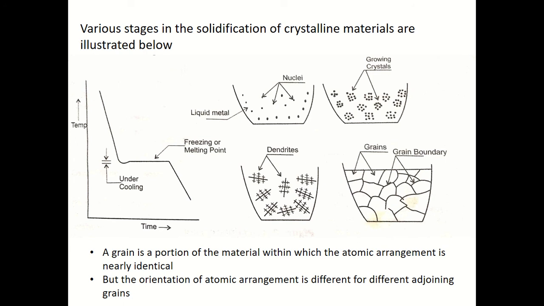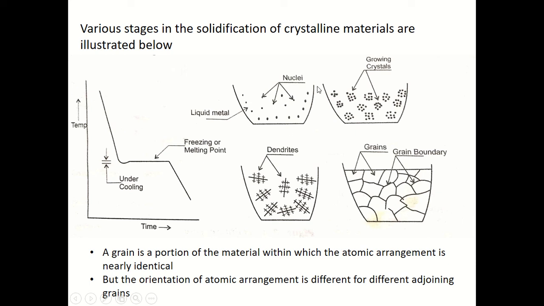What is shown on the right-hand side are the different stages in the solidification of crystalline materials. Look at these schematic diagrams. Initially some nuclei are formed at different parts of the container. For example, this is the cavity or container to which the molten metal is poured and then allowed to solidify.